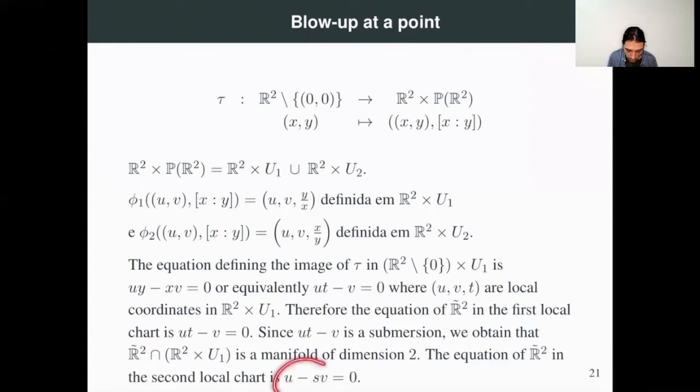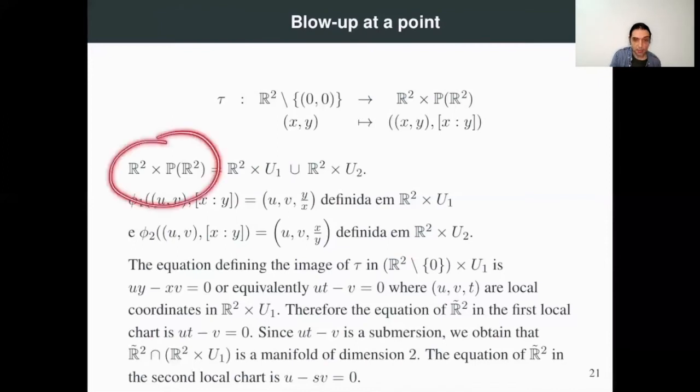Again, this function is a submersion, so the same arguments show that in the domain of the second local chart, which is an open subset of R2 times the real projective line, our blow-up set, the blow-up of the plane at the origin, is still a submanifold.